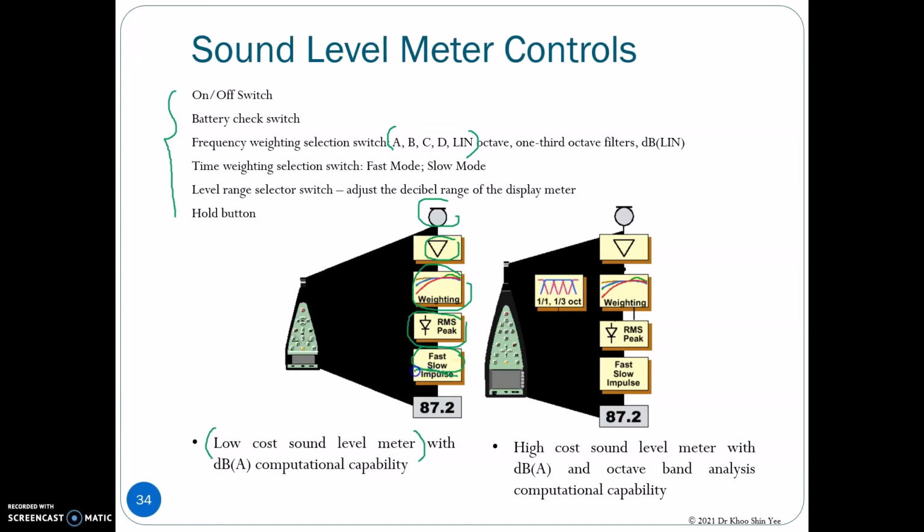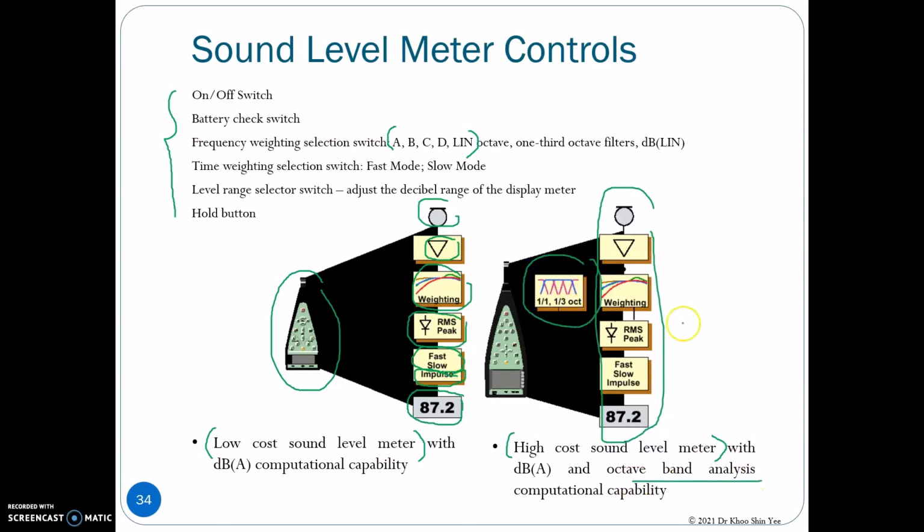If it consists of the impulse mode, this meter can be called an impulse sound level meter. Lastly, you have the display meter. Normally, a high-cost sound level meter consists of the basic functions as mentioned previously with the octave band analysis by using the 1 octave filter or the 1/3 octave filter.